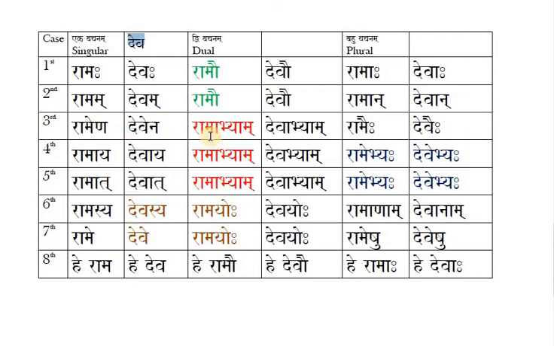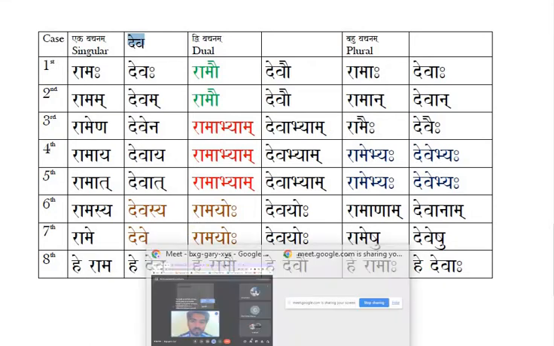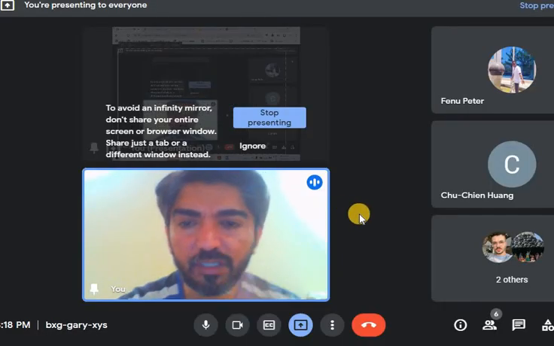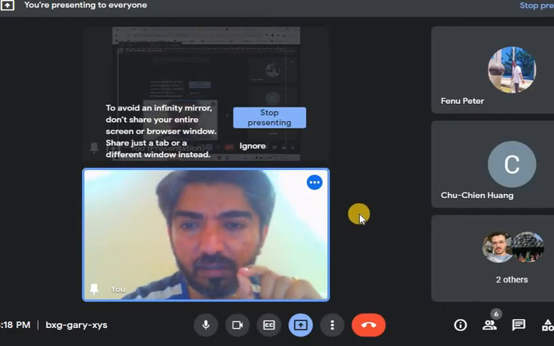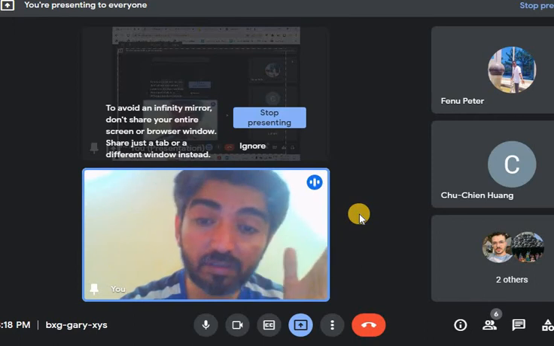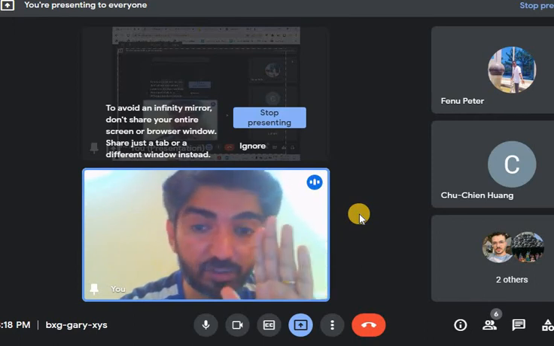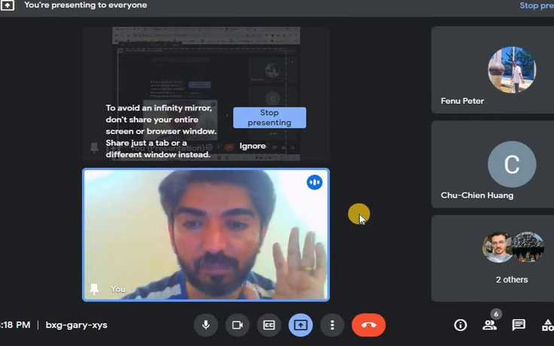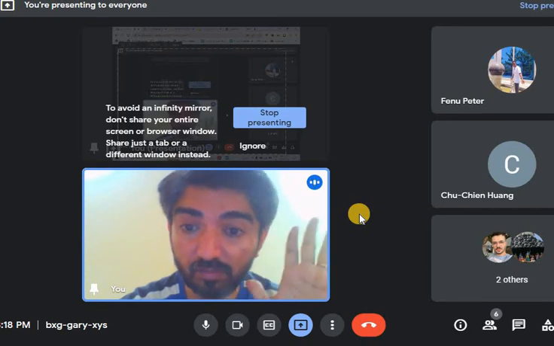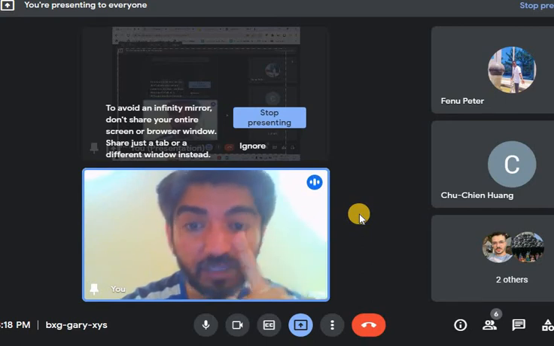Ramena, Devena, Ramabhyam, Devabhyam, Ramaihi, Devaihi. Similar, completely similar. Right? So, in this table you see if a word ending with a, Rama, and another word ending with a, masculine, you can make the forms like Rama. So thousands of words you can create by learning one table.